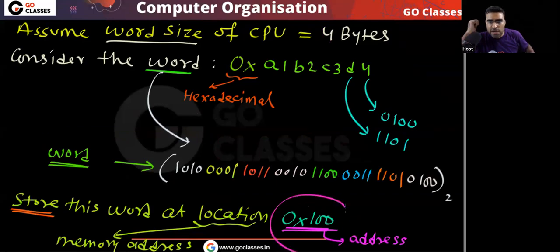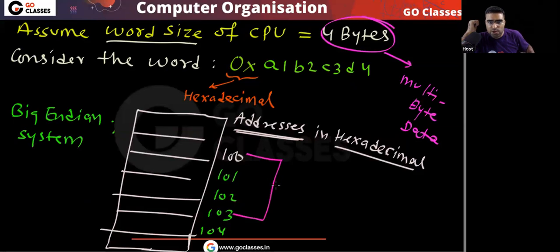You are storing this 4 byte word at this location. What does this mean? That these 4 locations will be used. Here our word will be sitting: 100, 101, 102, 103.